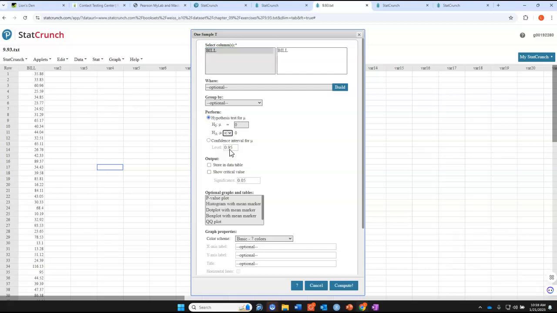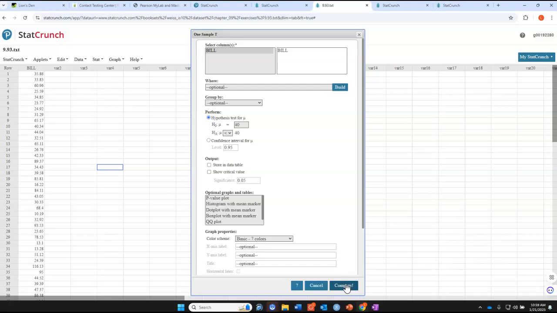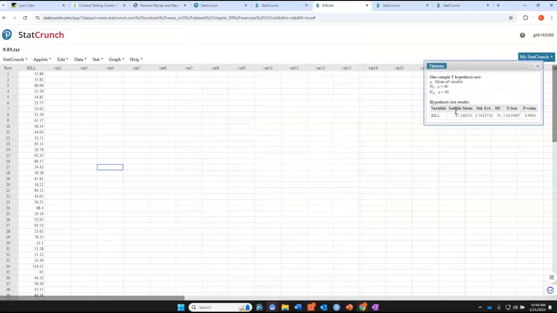You have to determine what kind of hypothesis test this is. You have to determine what the mean is. Looking at this data, I'll just come up with a mean of 40. And let's see, it's less than 40, or you can run a confidence interval. And it'll give you your t-test statistic, your p-value, and all the information.